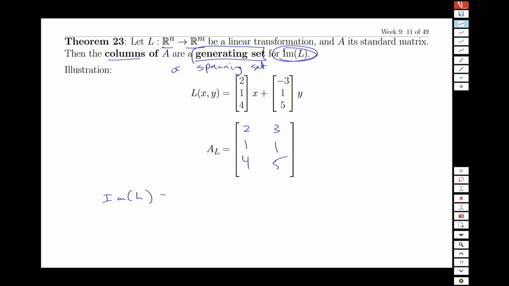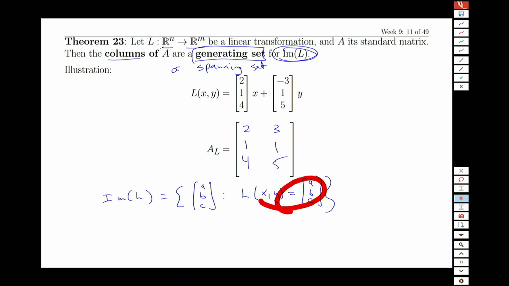The image of L is equal to all of the (a, b, c) such that L of (x, y) is equal to (a, b, c). In this case, the image is all output vectors, in R^3, such that when I plug in some (x, y), I get to that point.